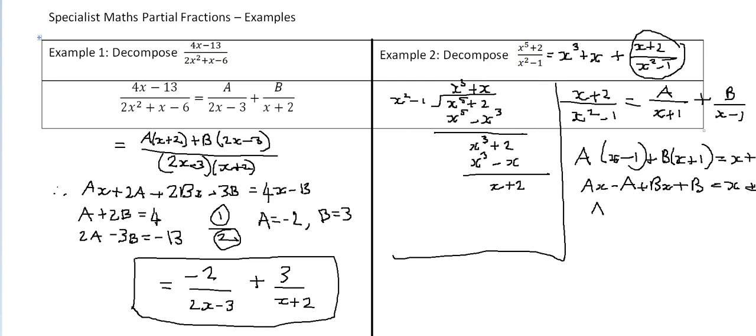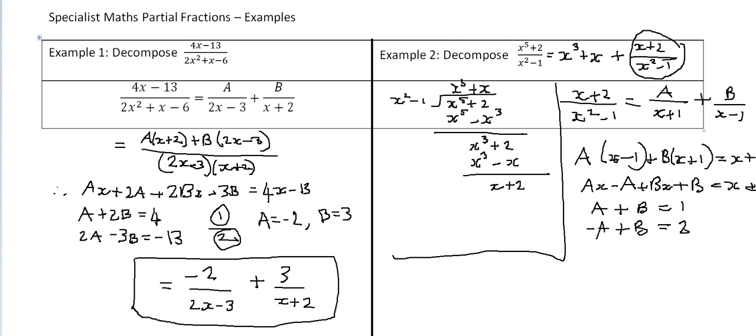Okay, equating these, a plus b has got to equal 1, the coefficients of x's, and minus a plus b, the constant terms, should equal 2.